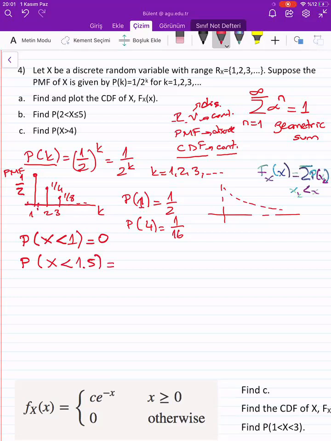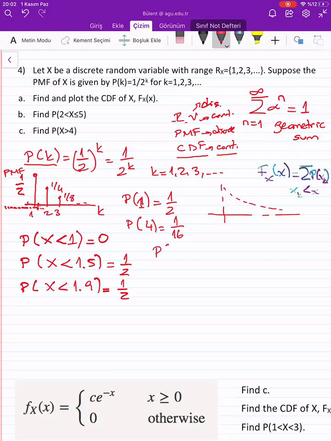Here, it's like here. So the probability is below that. So we should check all these values and see there is 1 over 2 probability. For example, P(X less than 1.9) is also 1 over 2, right? I have not surpassed 2 yet.